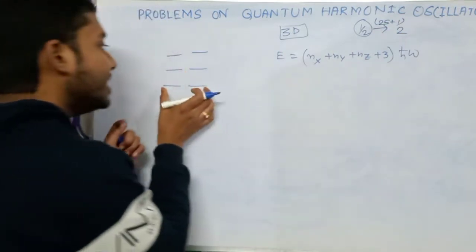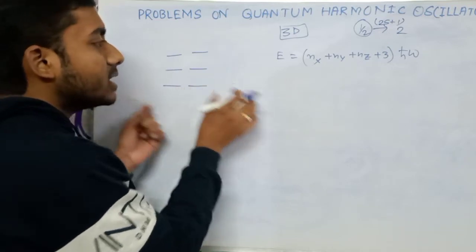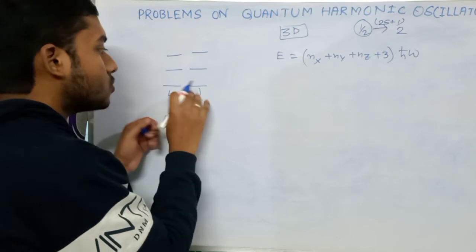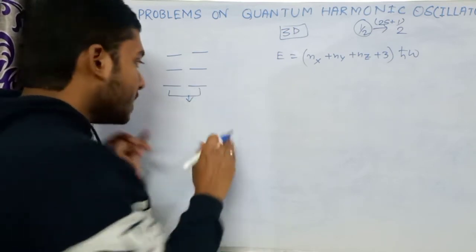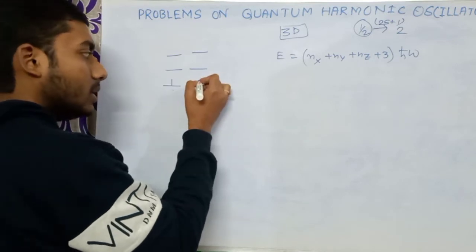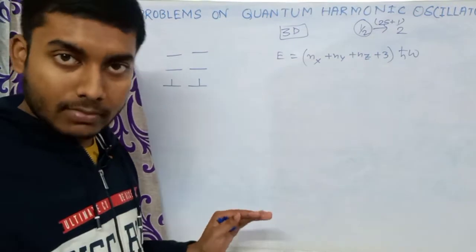That means for each state there will be 2 degenerate states, right? Degenerate means the energy of these two states is same. So one electron will be placed here, and one electron can be placed here, and the energy of the two electrons is same, right?